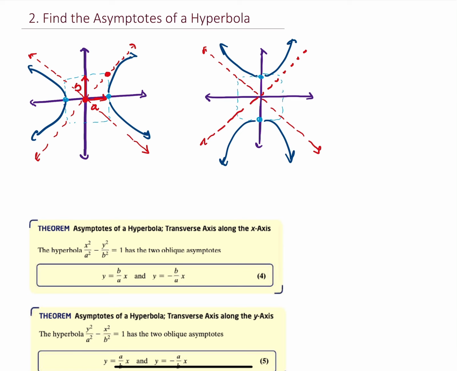They're going through the origin since we're centered at 0, 0. So our y-intercept would be 0. So I just need the slope. So this point on the corner would have an x distance of A and a y distance of B.